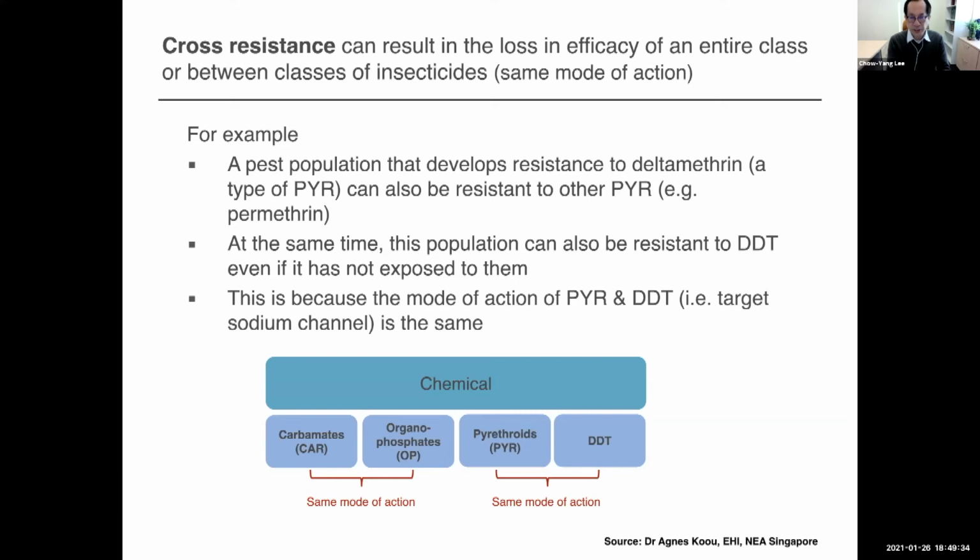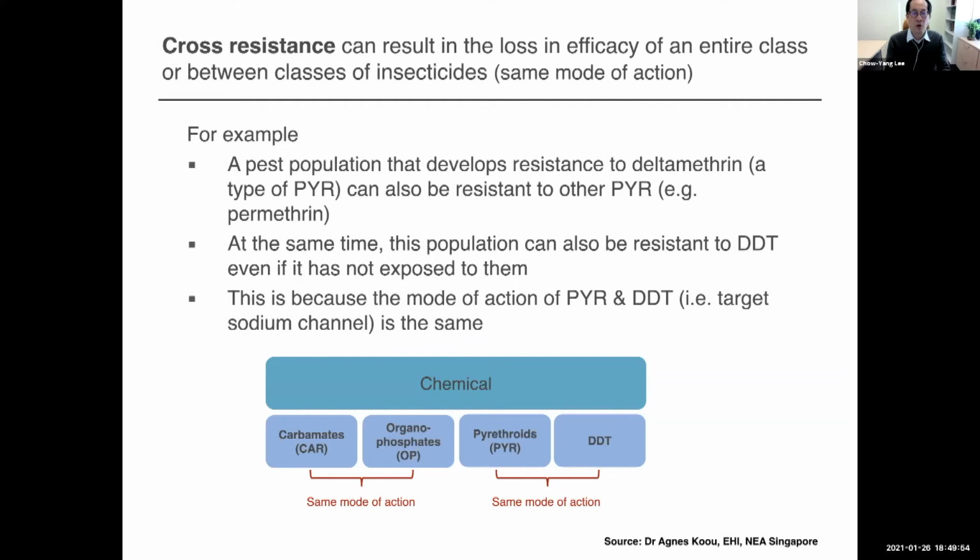Of interest, as shown here, Carbamate and OP share the same mode of action, so that could confer resistance to the other group. And vice versa with Pyrethroid and DDT, both could confer resistance to one another.